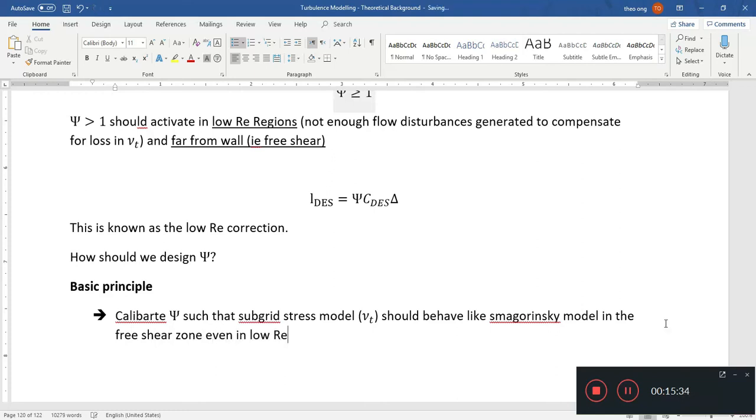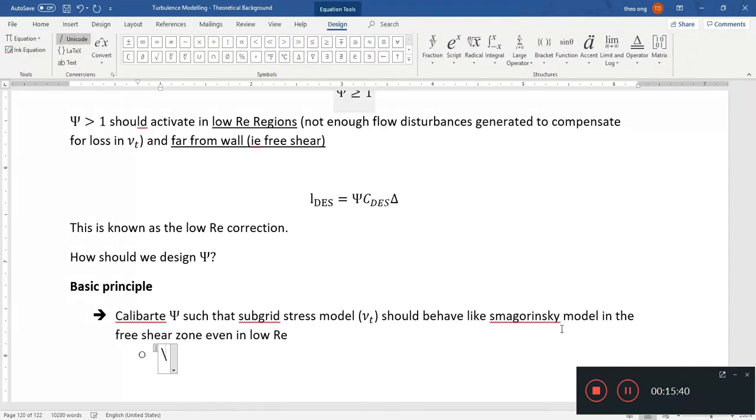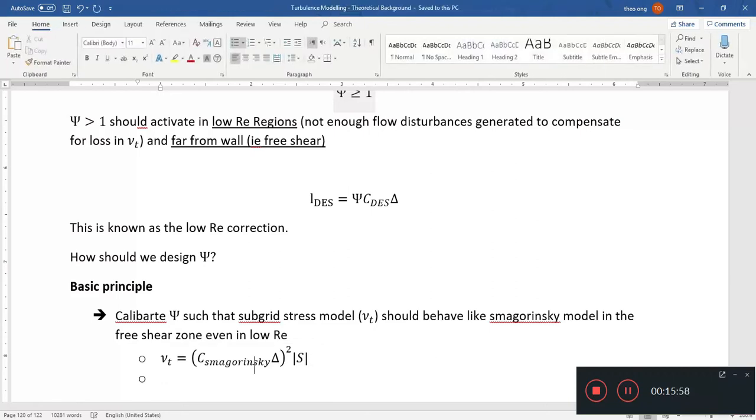So what's the Smagorinsky model? Just a throwback: nu T equals C Smagorinsky times delta squared times the mean rate of strain. I'm not going to go through that again.